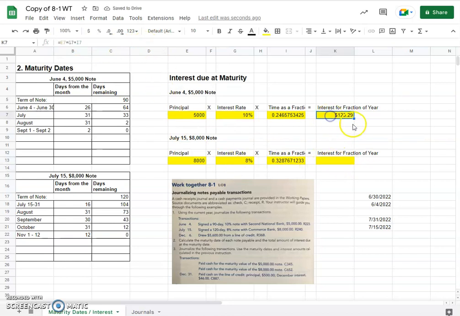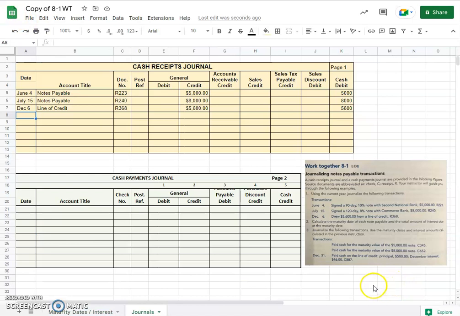So your interest, we could just copy and paste that formula, would get us to $210.41 interest for this note for the fraction of the year that it's out. Okay, that's part 2. Now we're back on the Journals tab here, and we're going to do part 3. Journalize the following transactions. Use the maturity dates and interest amounts calculated in the previous instruction.